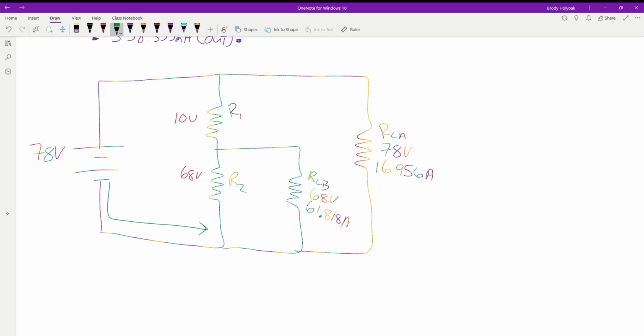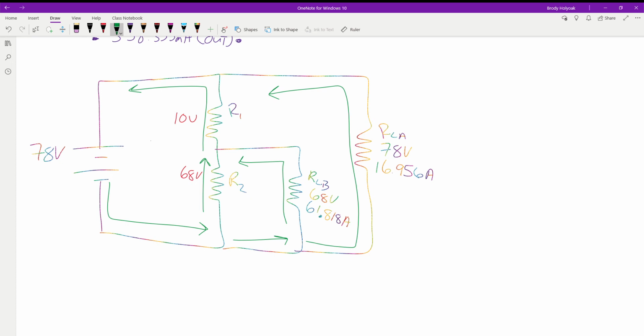It's going to split and go up this direction. This current is still trying to get back to the positive, so it's going to cut across. We know the current, when it hits this node, is going to split again. We're going to go that direction.